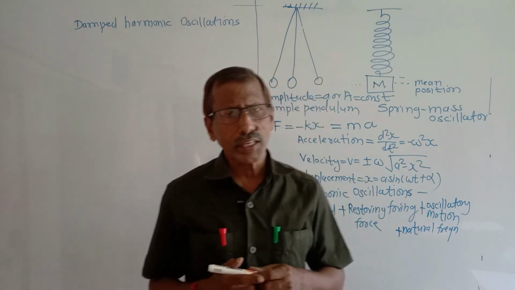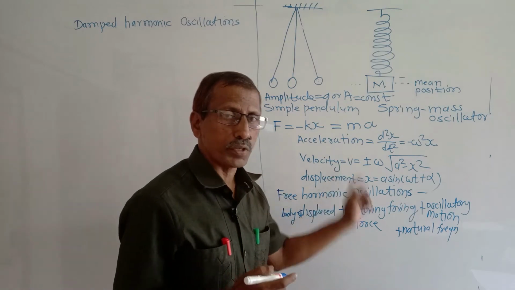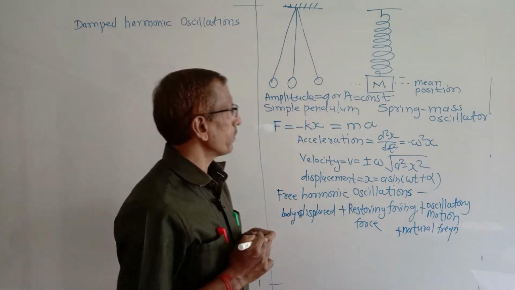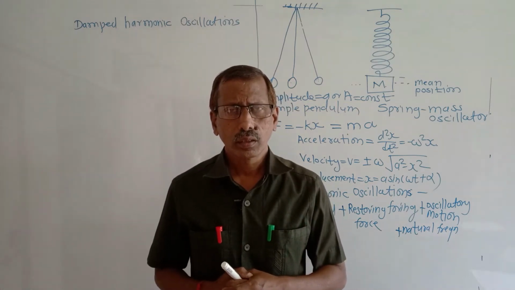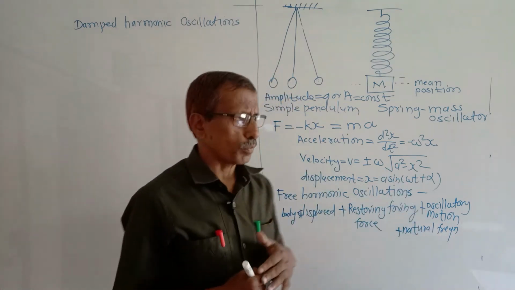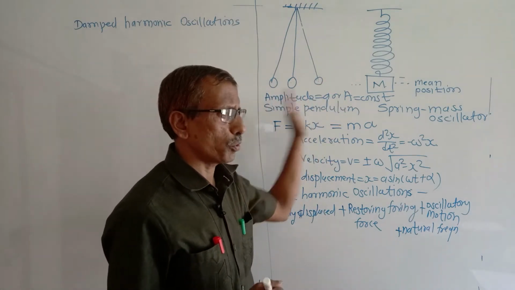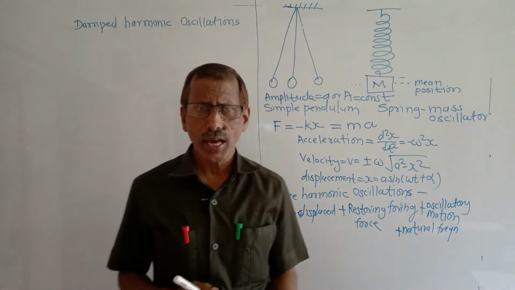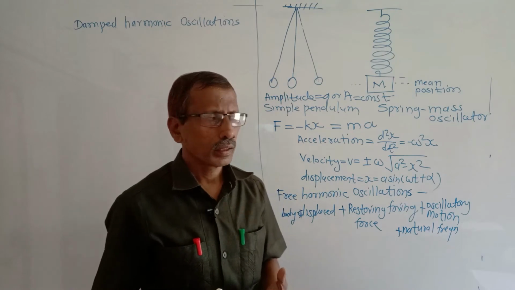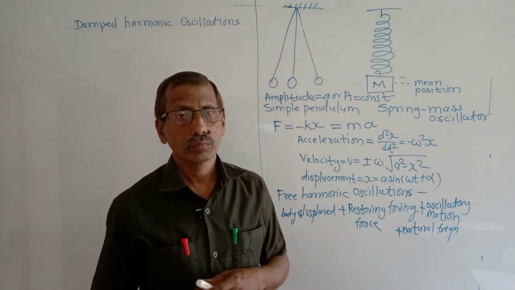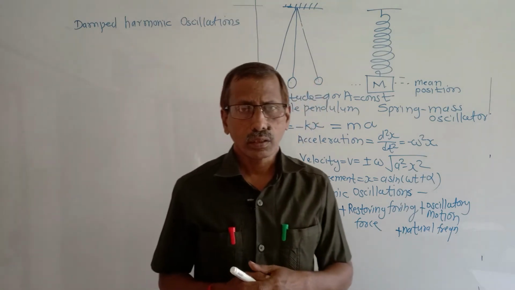But what is our practical experience? Our practical experience is different from this. When the bob of a simple pendulum performs linear simple harmonic motion about its mean position, we notice that the amplitude of oscillation goes on decreasing, and finally it comes to zero.